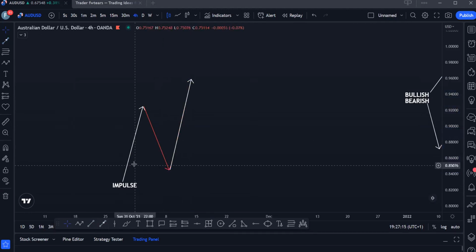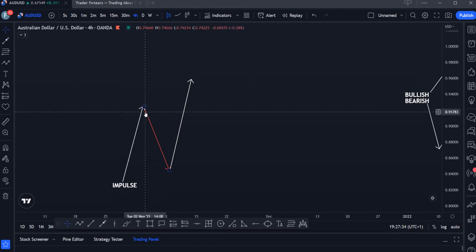All right, so the first move, you can see this white move up. The first bullish momentum up is called impulse, and it's usually going to be a very strong and sharp move. It's called the impulse move.